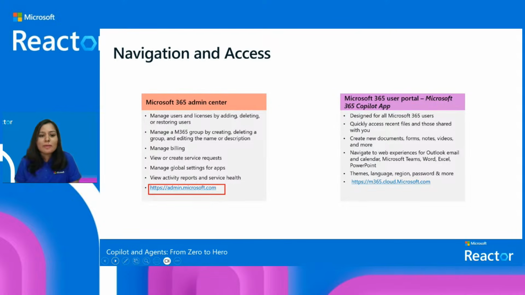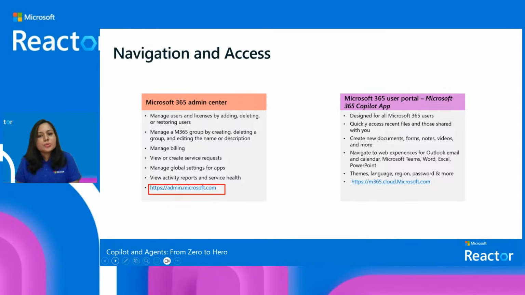You can manage your Microsoft 365 groups by creating, deleting groups, editing the names and the description. You can also manage the billing features within the admin center. All your global app settings, services, service health reports can be found in your Microsoft 365 Admin Center.